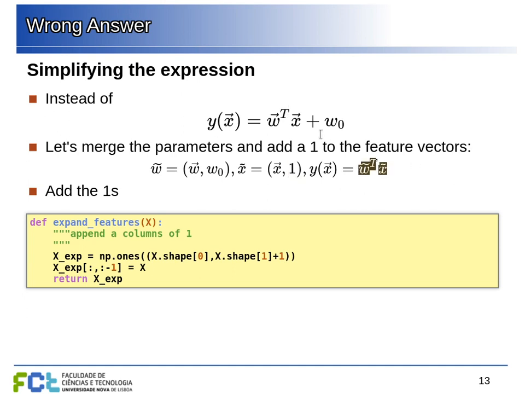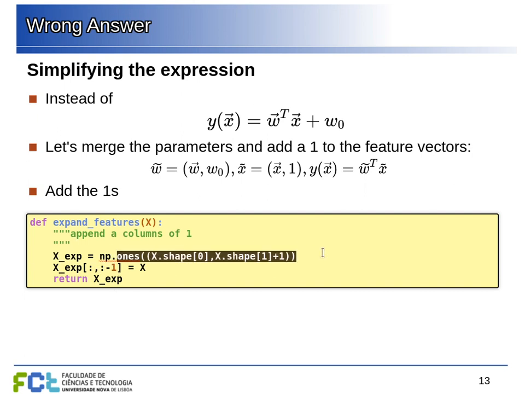But this simplifies the expression and makes it a lot cleaner if we have to write the code or to use the expression and so on. So we can easily do this, create a new matrix with an additional column and just fill it with ones, so it has ones everywhere, and just copy the original X to the first columns.